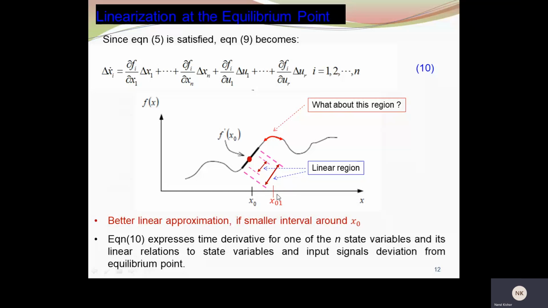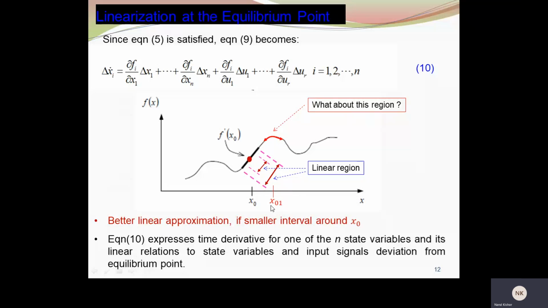So if you have the change in the state variable x01, it is somewhere here. For this point, because we have a disturbance, and for this point of operation, the system dynamic response cannot be linearized. And that's why it is said, what about this region?